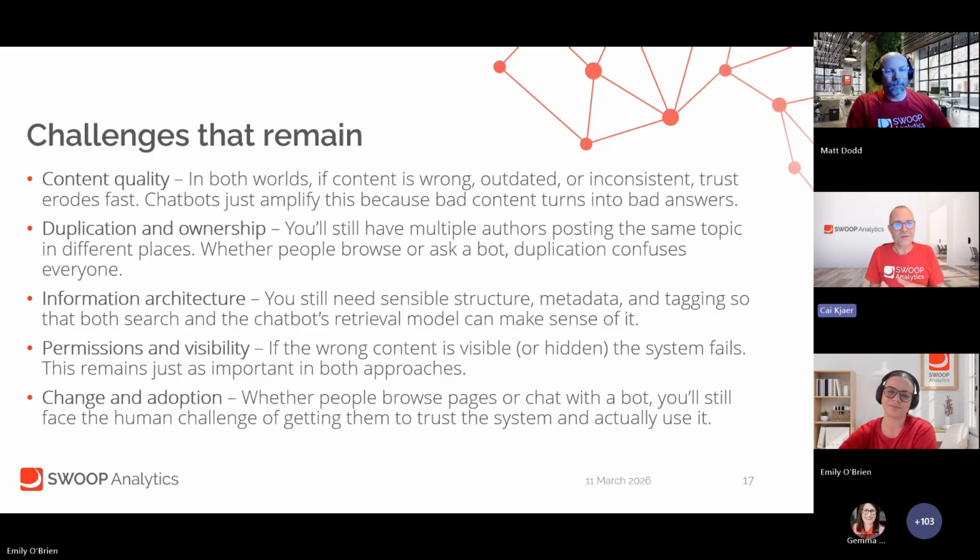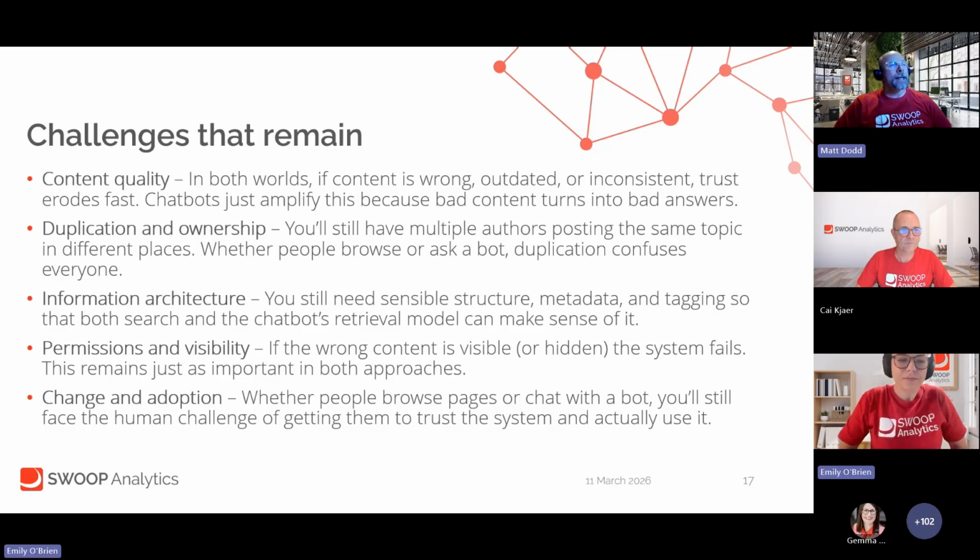And Matt, I mean, we know that, right? This is not the first time we're bumping into this, right? No, and I think this is the bit where, going back to what we were doing for search engines 10 years ago, and a lot of the comments I'm reading in the chat, whatever it is, you're basing it on content, so it does need to be accurate, up to date, and something that you can trust.